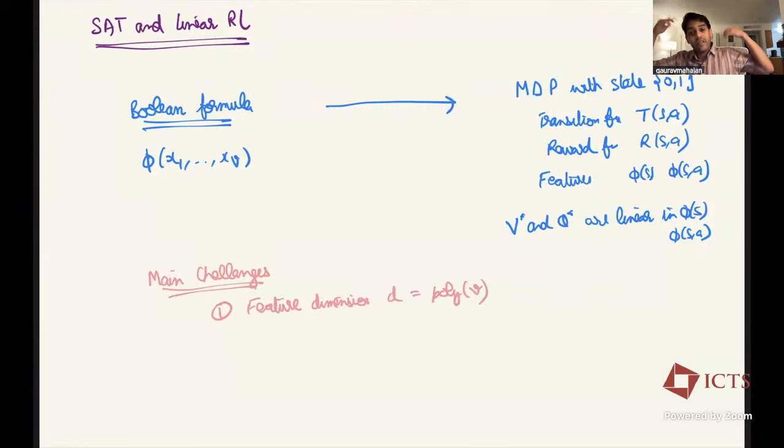Because when I'm simulating my MDP, if somebody asks me these oracles, what's your state, I have to write down my next state, or the transition function, and I have to give out features, and I have to write down the features, and those numbers should be written in poly V time.